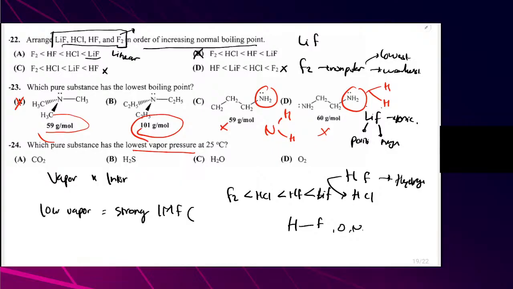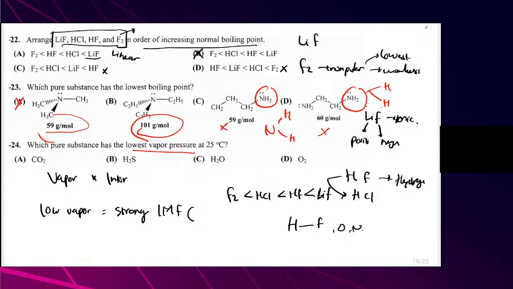Okay, strong IMF, low vapor pressure. If the IMFs hold molecules tightly together, it's harder for them to break free into the air, and then fewer molecules escape, right? So the result is lower vapor pressure. So we need to find out which one is the strongest.